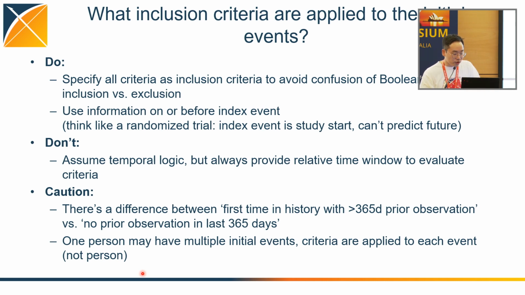And you need to use information on or before the index date. We usually do not recommend using information after the index event. And please don't assume some temporal logic, but always provide a relative time window to evaluate criteria. I will show you again later.